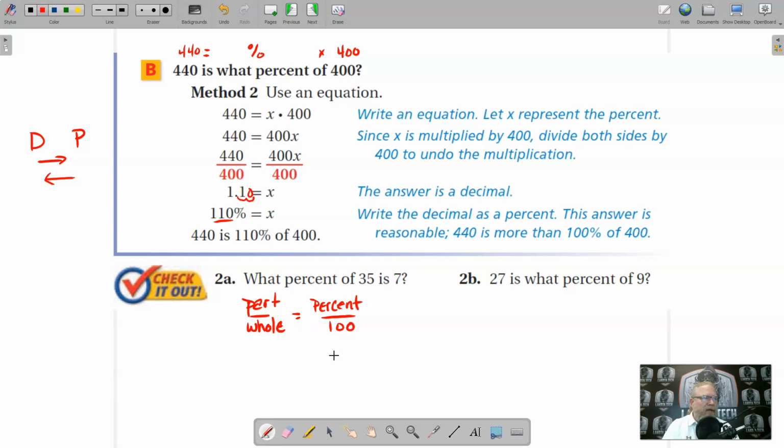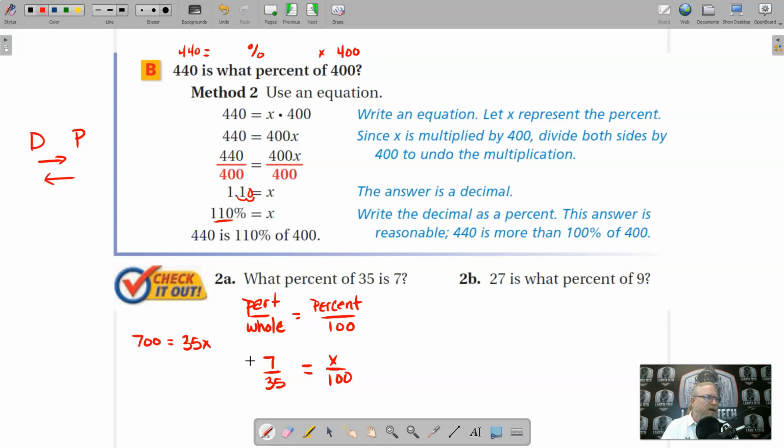It's the percent that we don't know, so we'll put in x for percent. Now we just need to determine the part and the whole. What percent of 35 is 7? So 7 is the part, 35 is the whole. So 7 times 100 is 700, and 35 times x is 35x.